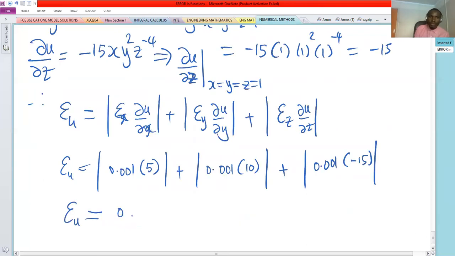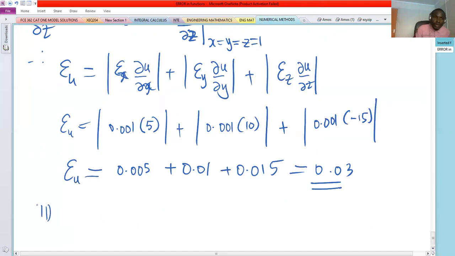So this will be 0.005 plus 0.01 plus 0.015. When we add all this, we get 0.03. So this is the error in u.